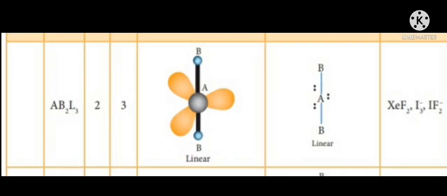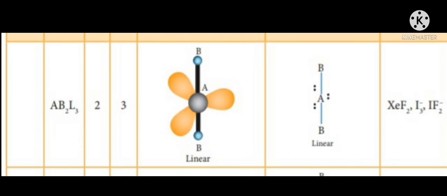Again, let me discuss number of electron pairs equal to 5. Here, the molecule with the formula AB2L3. It contains 2 bond pair electrons and 3 lone pair electrons. This molecule contains 2 AB bonds and 3 lone pair electrons on the central atom A. Due to the presence of 3 lone pair electrons, the shape of AB2L3 molecule is linear.